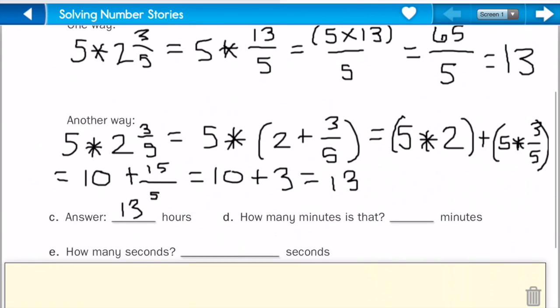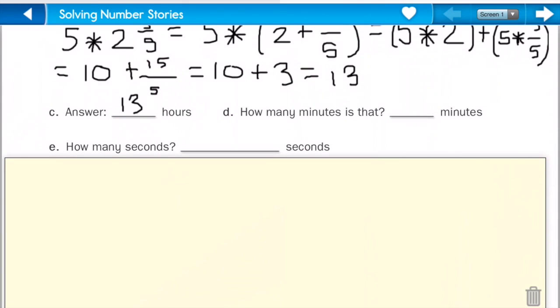Okay. Then they want to know how many minutes that would be. So now we need to think, how many minutes are in an hour? So 13 times what?